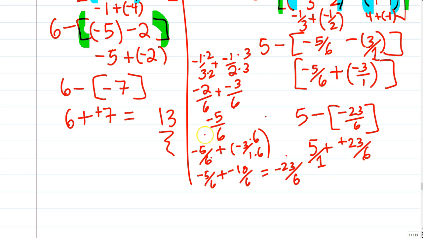Take the work to the side. Give them a common denominator. This has a 6, this has a 1. Why don't we just give this one a 6, top and bottom? 30 over 6 plus 23 over 6. 30 plus 23, how about 53 over 6?